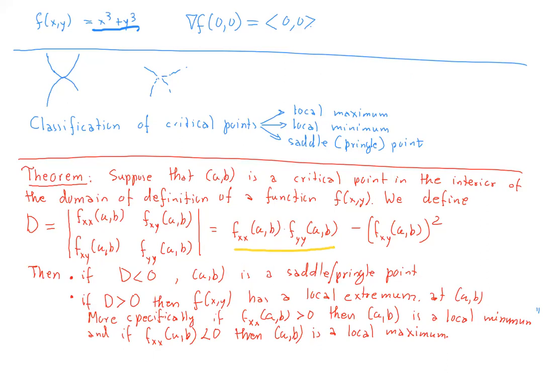But I'd rather not do that, because sometimes people get misled and they actually write as their final conclusion that, okay, the test is inconclusive. The story doesn't end there if D is equal to 0. If D is equal to 0, you have to do something else in order to find out what is going on. That, for example, would have been the case with this function right here.